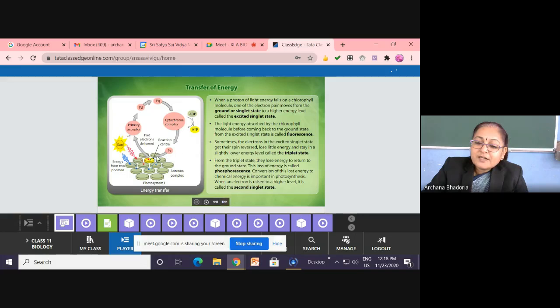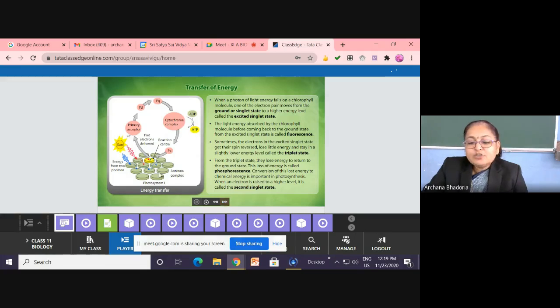What is going on in the cyclic way? The transfer of electrons. In a cyclic way, the transfer of electrons is going on. And see here, in front of the cytochrome complex they show ADP being converted to ATP. It means when the electrons are transferred through the different cytochromes, one ATP molecule will be synthesized.